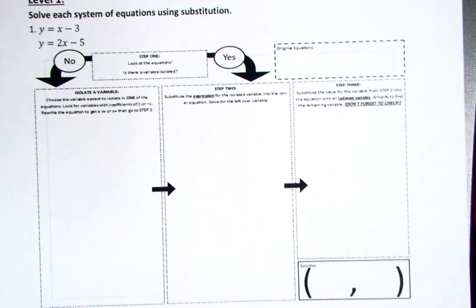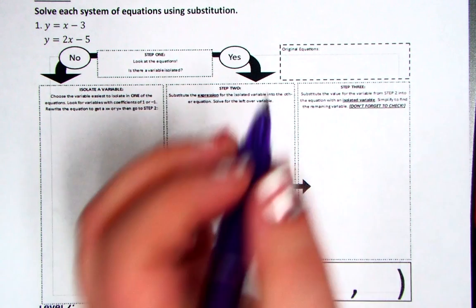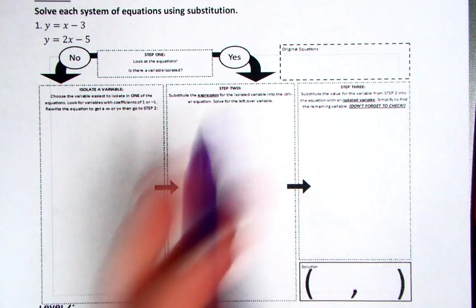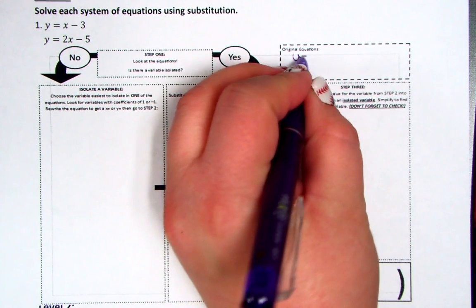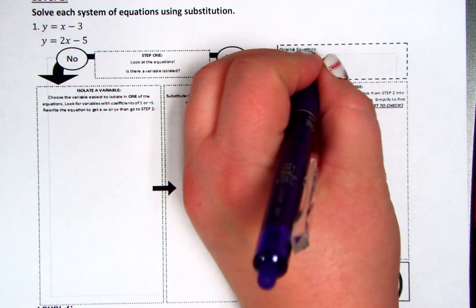Let's work through our level 1 example. For the first example, we have 2 equations. Both of them are already solved for y. In this template, we're going to write our 2 equations down in the box.